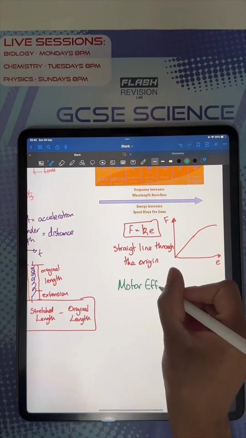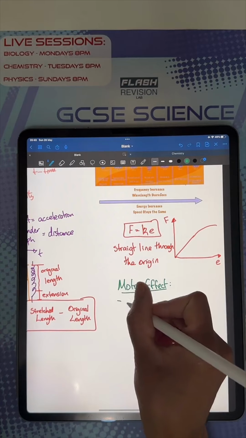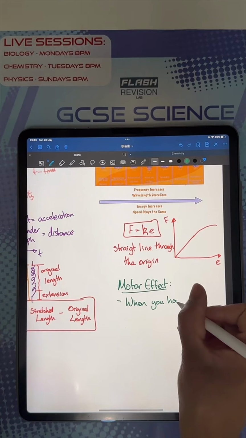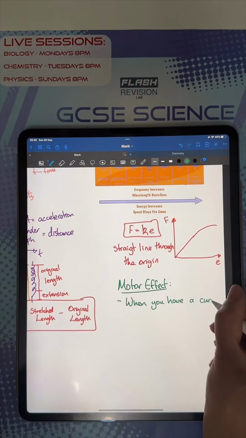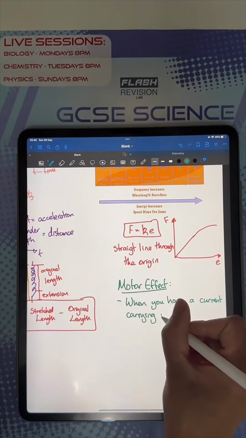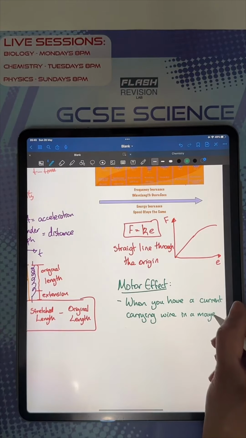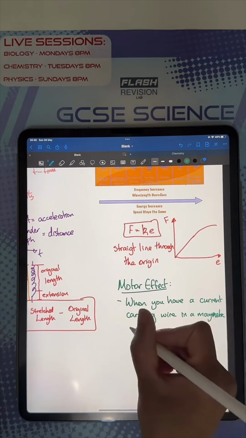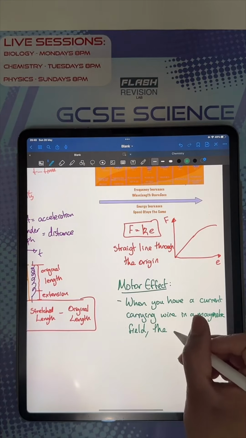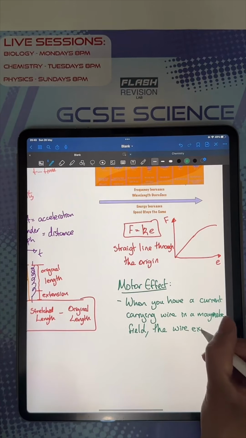So in the motor effect, when you have a current carrying wire in a magnetic field, the wire experiences a force.